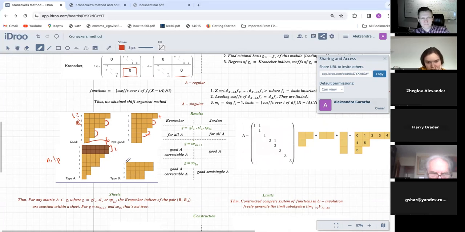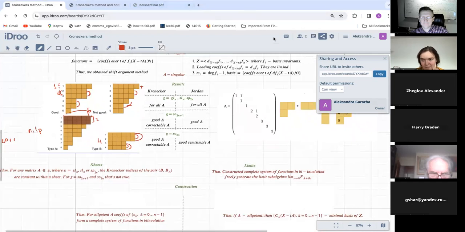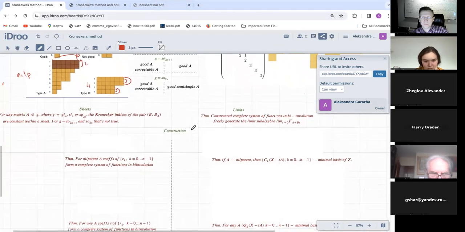And also there is a second type of correctable elements. It's a type with 4 rows, where the first 2 rows are of the same length, and the second 2, so third and fourth, are also of the same length. These are called correctable. I have a normal definition in the presentation, so you can read it there. Okay, and I'll try to do it really fast. Maybe I won't talk about it.